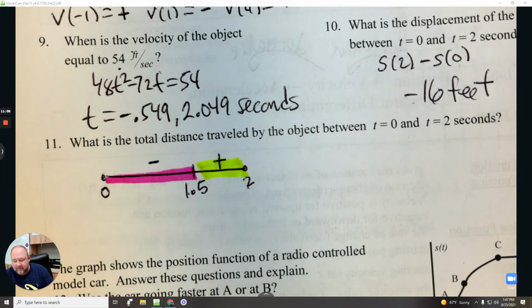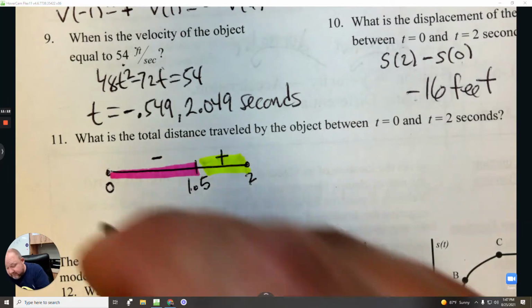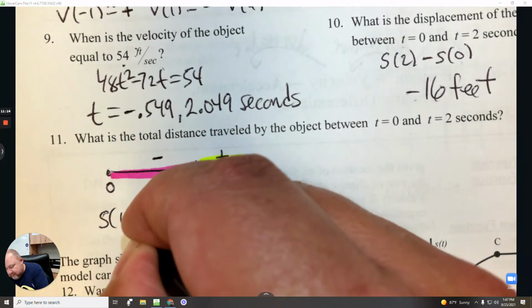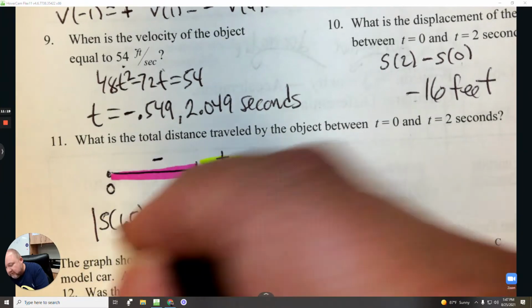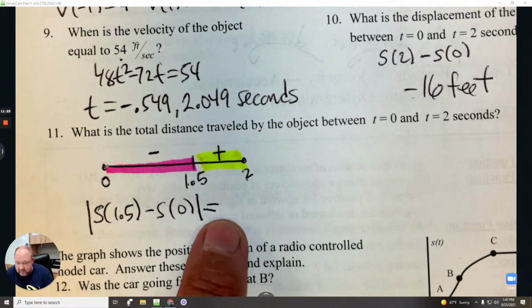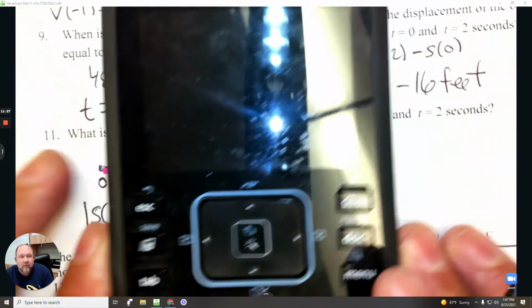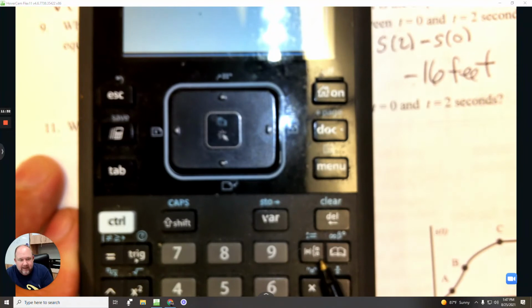So how do I find the distance traveled between these? I'm going to use the position again, and I'm first going to do this, but I'm going to use absolute values, so whatever I come up with is going to be a positive number. So let's do that. If you want to know where the absolute value bars are, beside the number 9 is this button.